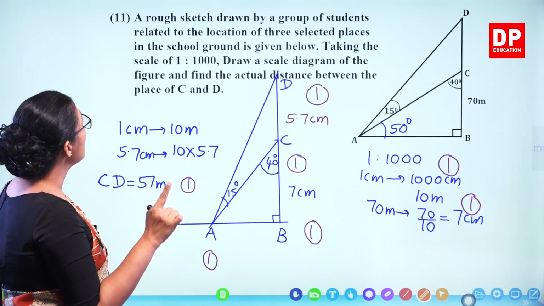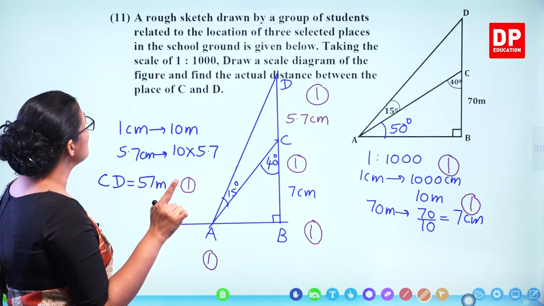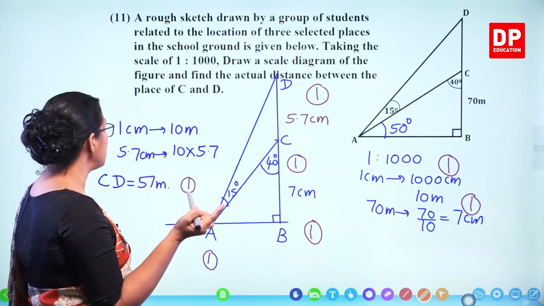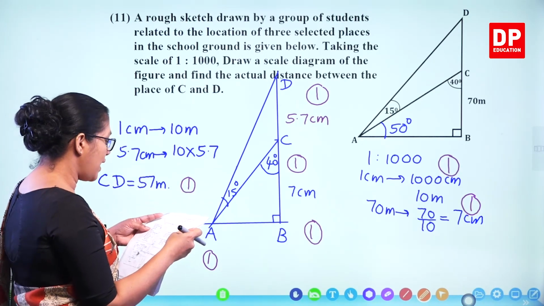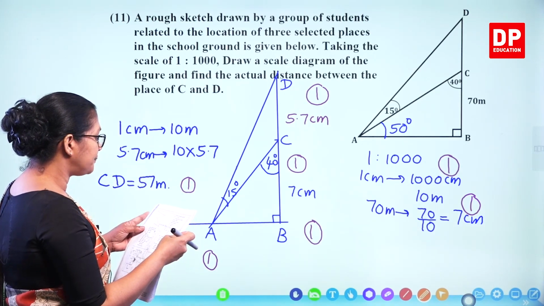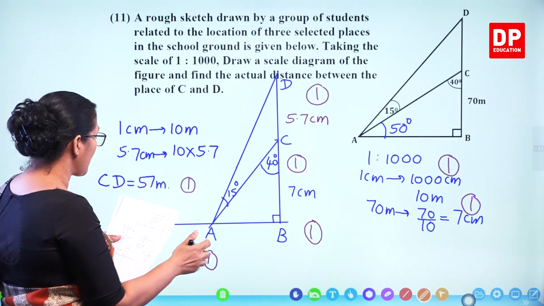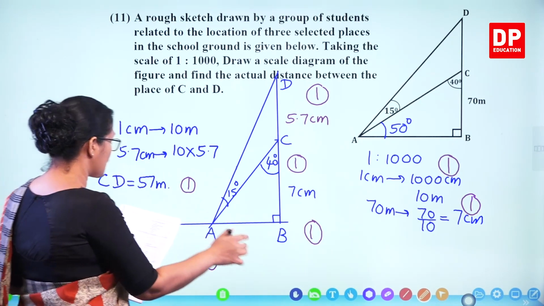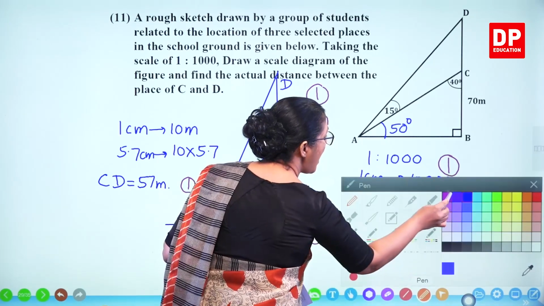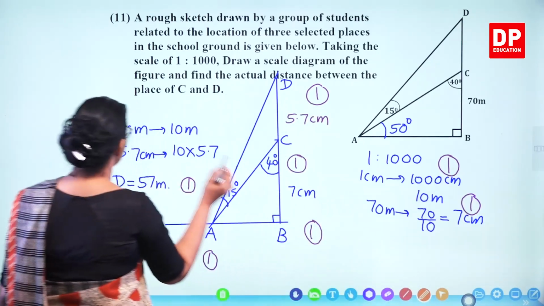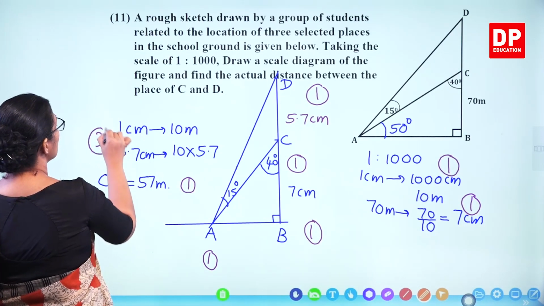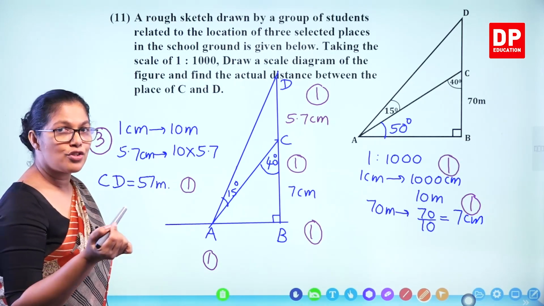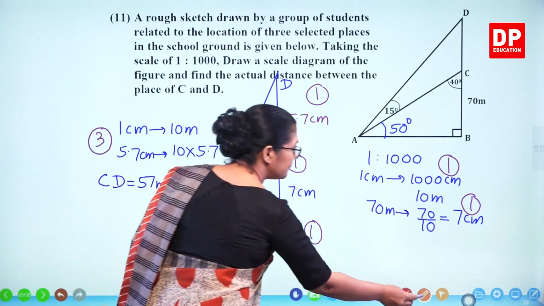So, they are asking what's the actual distance between the place C and D. So, 57 meters. You get 3 marks for finding the actual length. So, 7 and 3 altogether 10 marks.